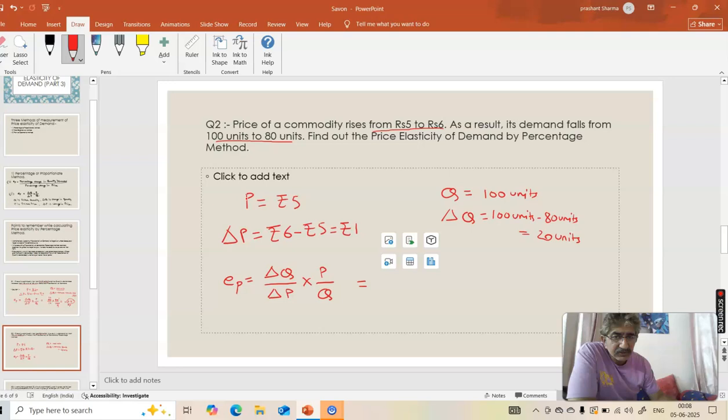Put the values: change in quantity is 20 units upon change in price rupee 1, into original price 5 upon original quantity 100. If you cancel it out, 20 ones are 20, 5 twenties are 100, so we get 1. So this is the case of unitary elasticity.